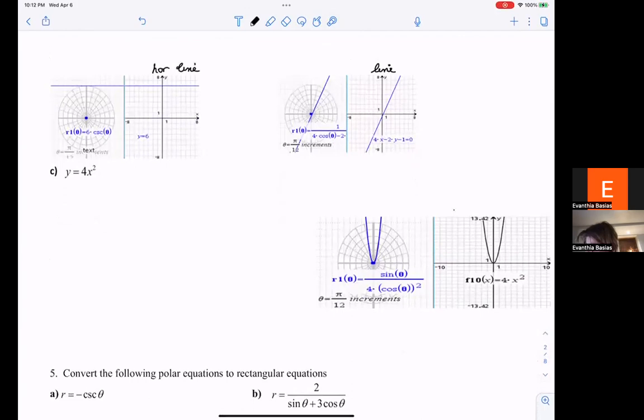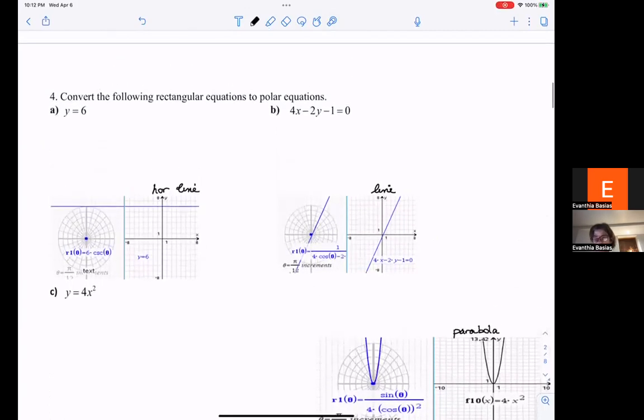And the third is a parabola, which is also graphed on the polar grid. But their equations are different. To convert from rectangular to polar, we simply use the substitution x equals r cosine theta and y equals r sine theta. We substitute and solve for r.